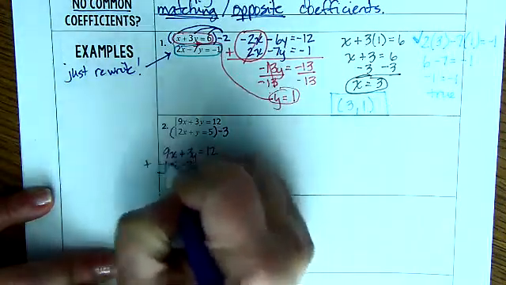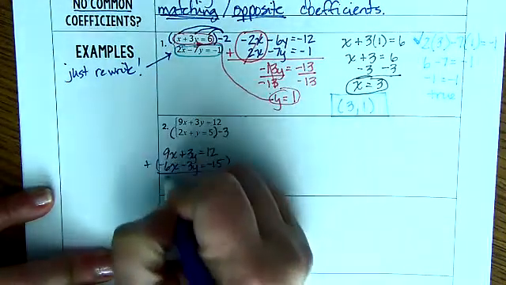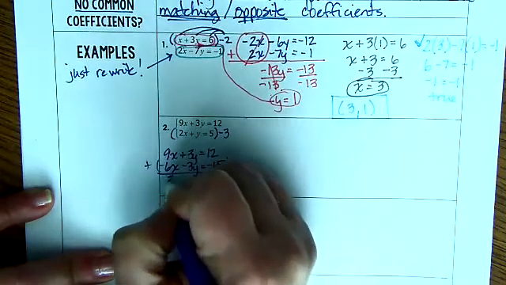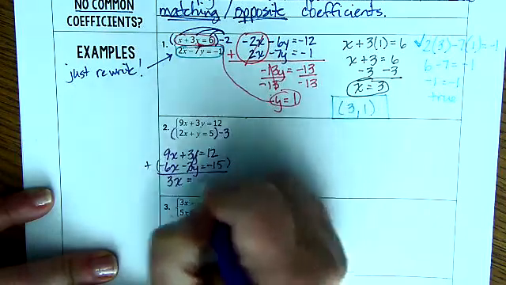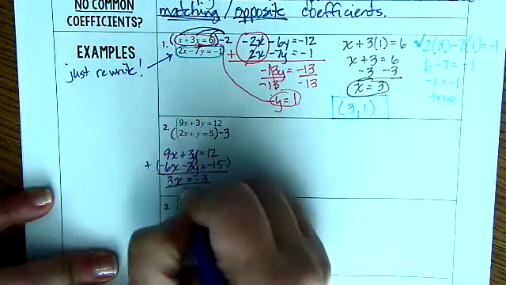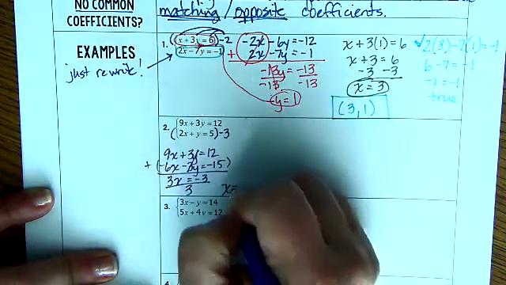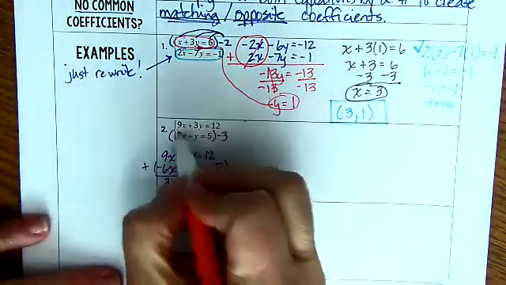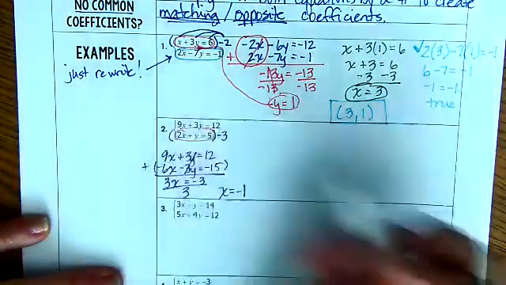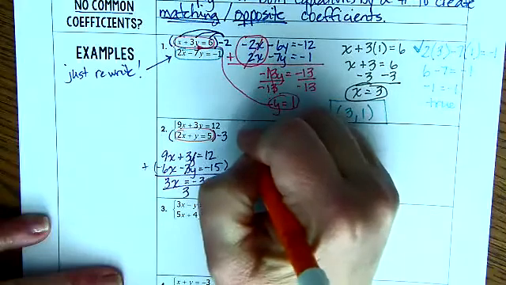And now I'm adding all of this together. So I get 3x, this cancels, equals -3, divide by 3, and I get x equals -1. Now I take the x and plug it into my second equation because it's easier.